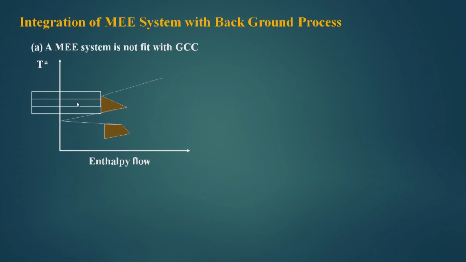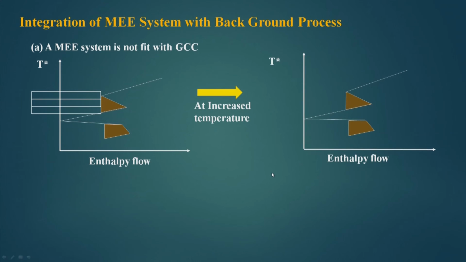Now, when I am integrating this, it is not fitting properly. So, this is not a good integration. Now, to do this, what can I do? I can increase the temperature of the evaporator, and once I increase the temperature, that means the pressure of the evaporator, all the effects of the evaporator will rise up, because the temperature levels here, here, here and here will rise.